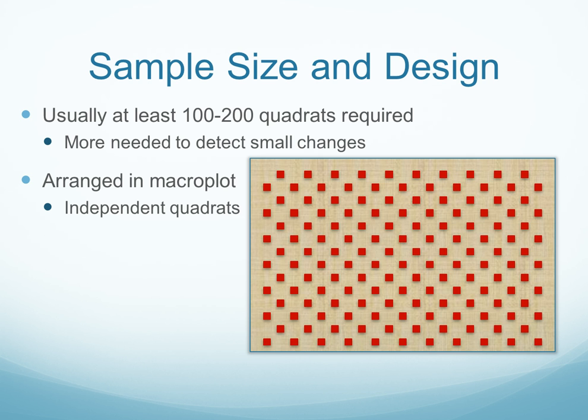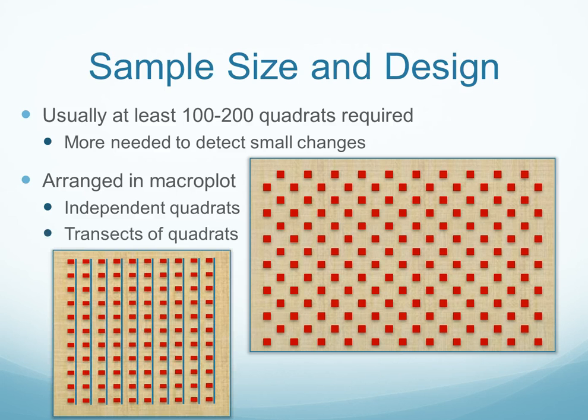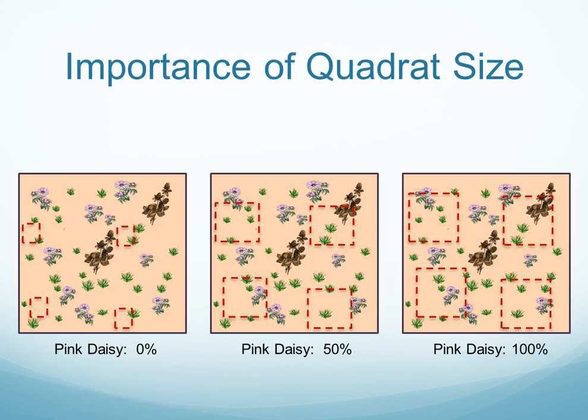So we have independent quadrats, and we would analyze the data based on the total number of quadrats. Sometimes we arrange quadrats along transects, in which case we would then take an average frequency value for each species in the transect, and then the transect becomes the sampling unit.